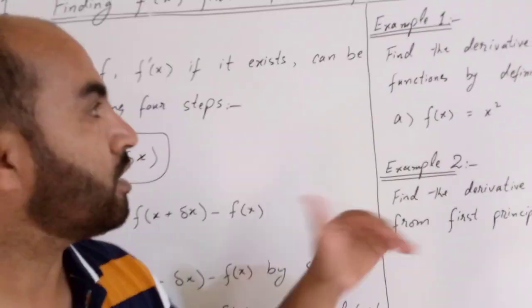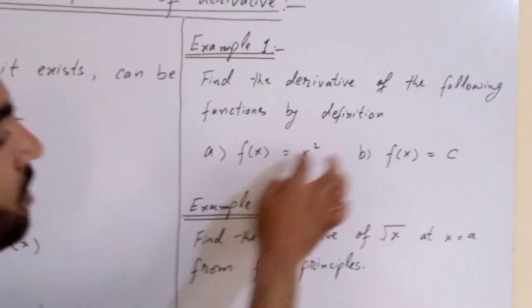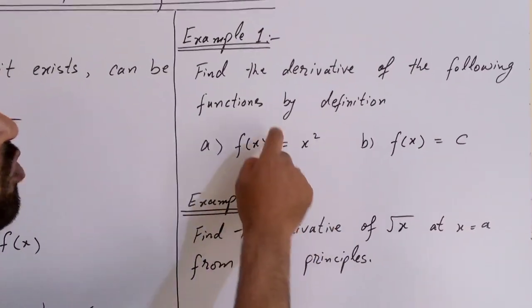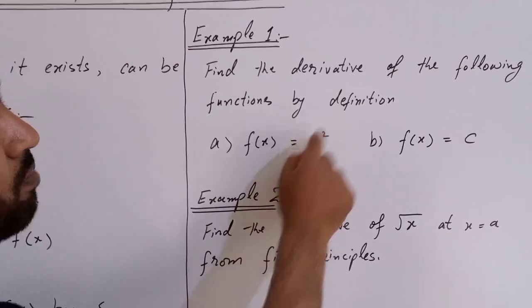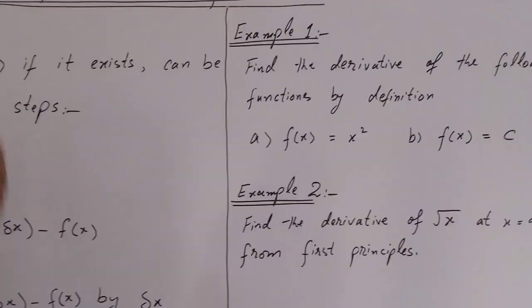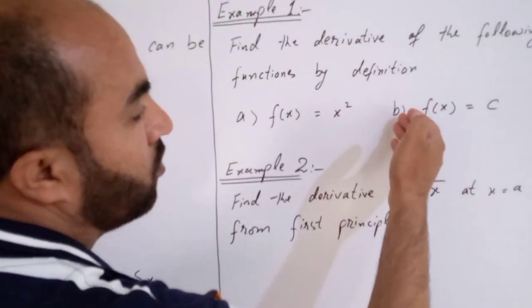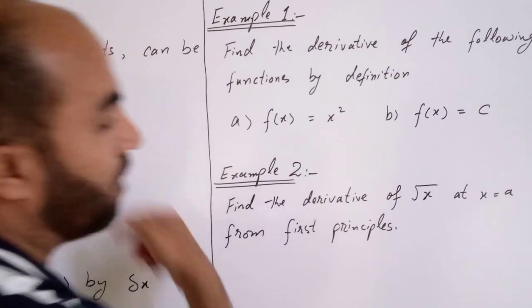If you see a question like this, find the derivative of the following function by definition, like part A, f of x is equal to x squared, you have to solve it by the definition method, following these steps. If the next question is f of x equals c, same, you solve it by the definition method.